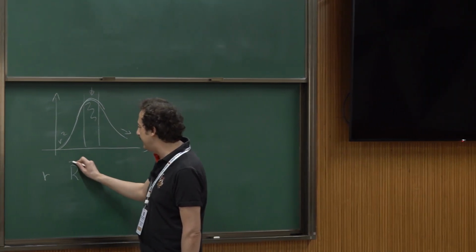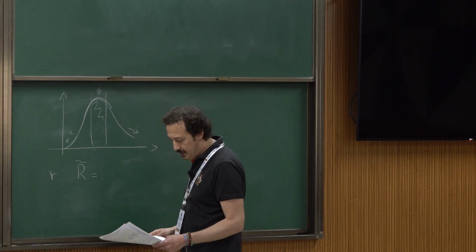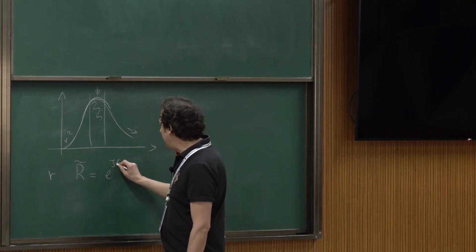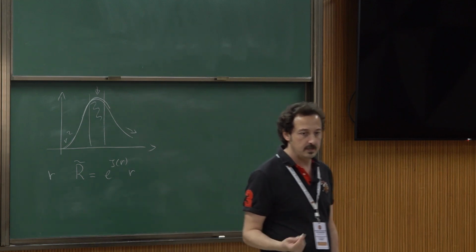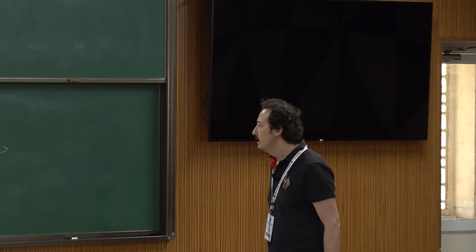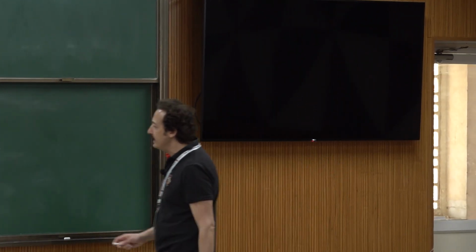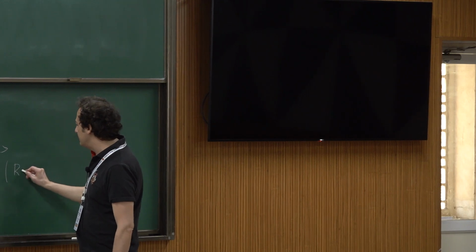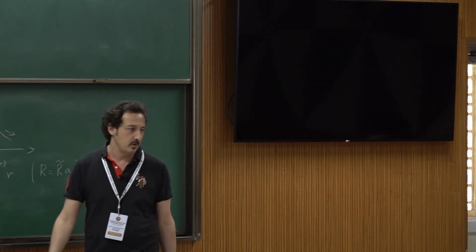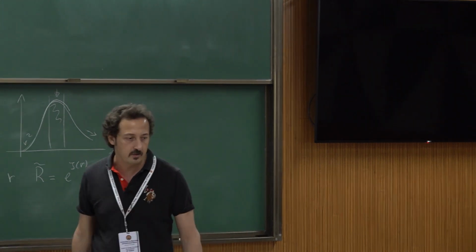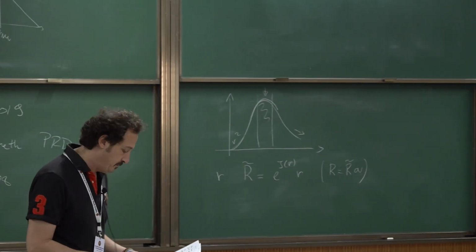So let me use R tilde, which is simply e to the zeta times R. Of course, I can always invert. Why do I say it's almost the area radius? Because of course the area radius will be R tilde multiplied by A. So I'm removing the scale factor, just taking the constant part.